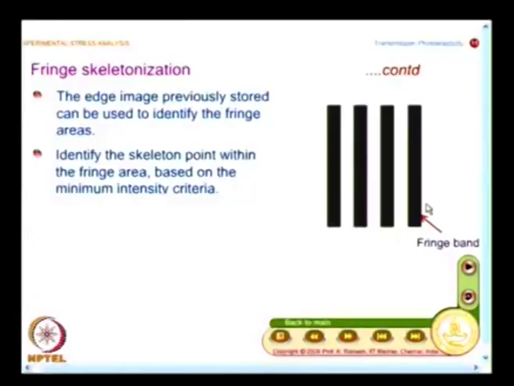A binary based algorithm is useful when somebody gives you a photograph and they want you to process it. It is not recorded with care to identify intensity variation. So, you need both. In some cases you may have to use an existing photograph to extract information, in other cases you record the photograph yourself, then I can go for intensity based processing. So, this is what we are going to look at. We have to decide on the scanning direction.